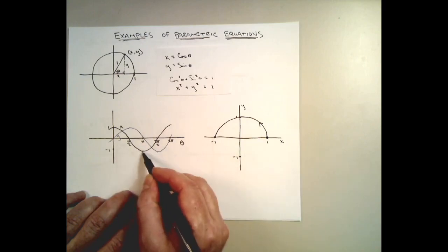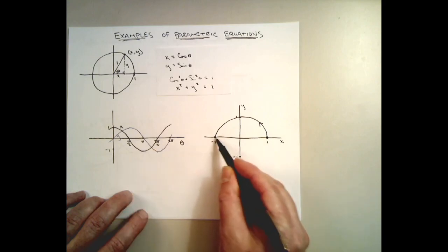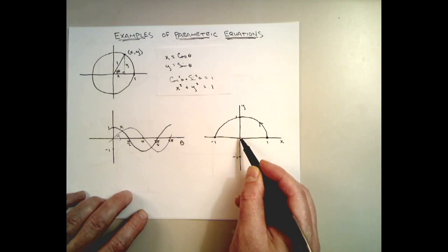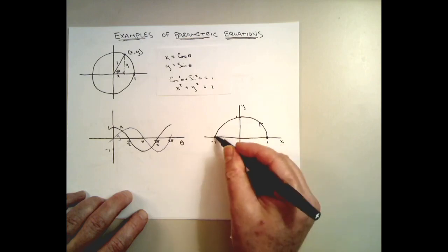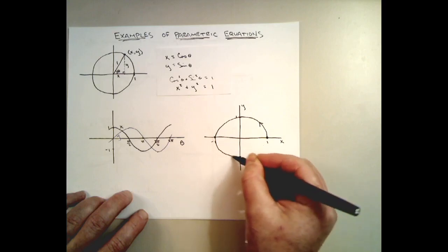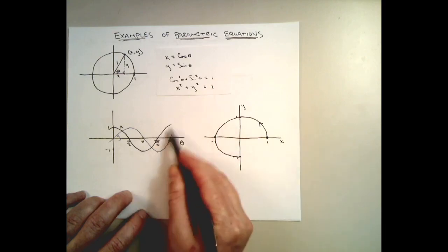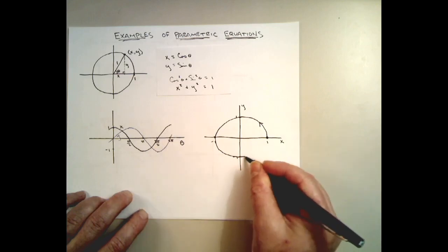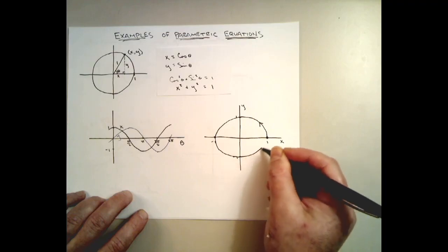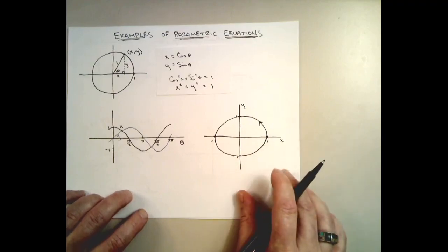And from here, my X values are going to increase to 0. Right now they're at -1. They're going to increase to 0, while my Y values continue to decrease to -1. And then finally, my X values are going to increase to 1, while my Y values increase to 0. And I wind up with a circle.